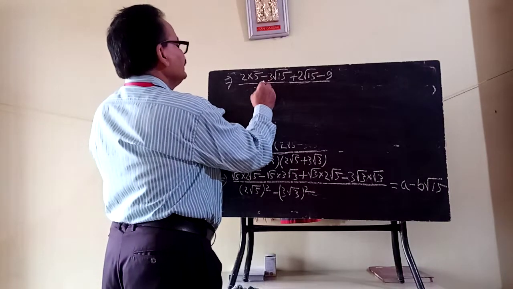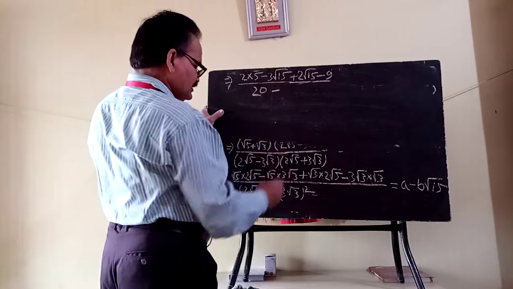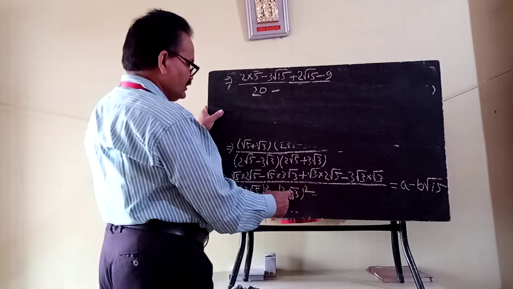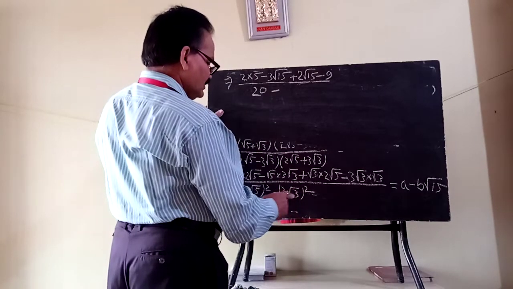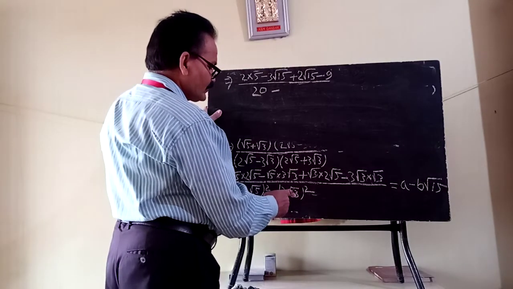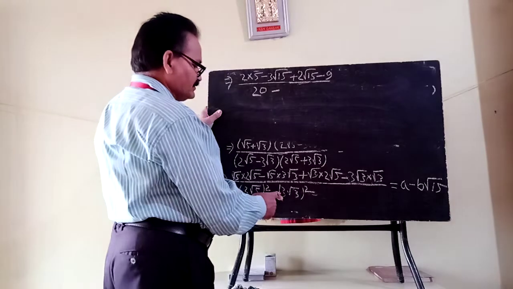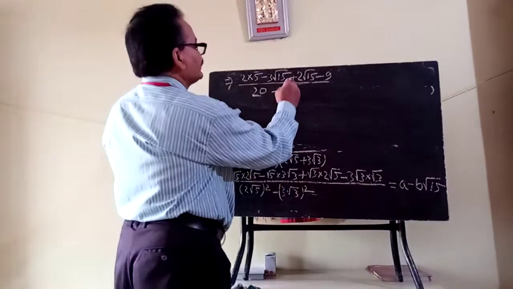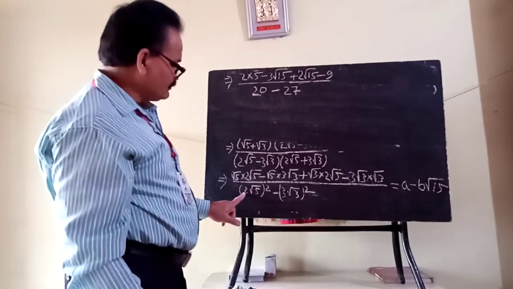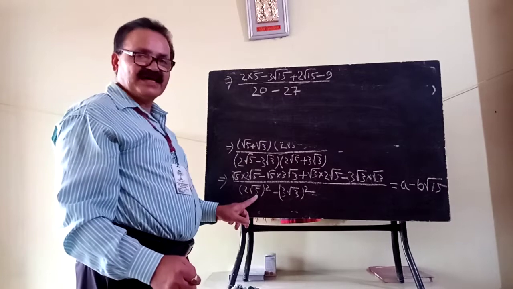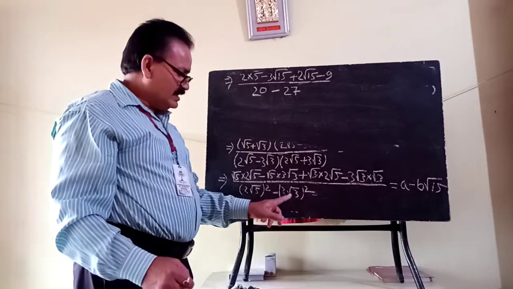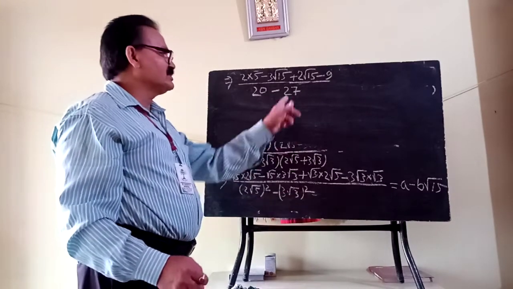So in the denominator it is 20 minus, here 3 square is 9 and root 3 into root 3 is 3, so 9 into 3 is your 27.